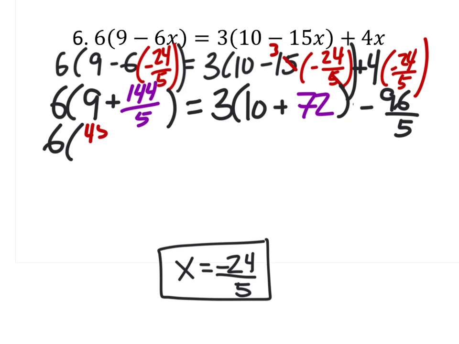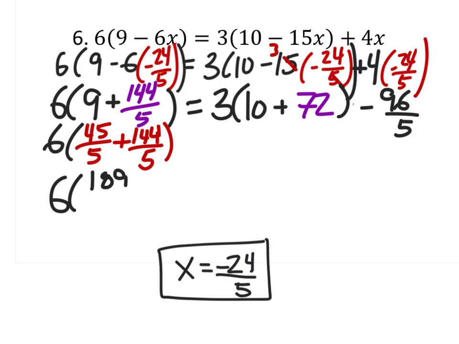So I have 45 fifths plus 144 fifths. That's going to give me 6 times 45 plus 144. Looks like it's 189 fifths. And if I multiply 6 times 189 fifths, let's go and see what we get.